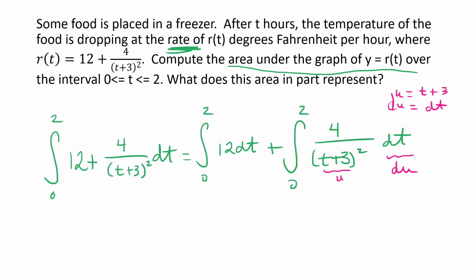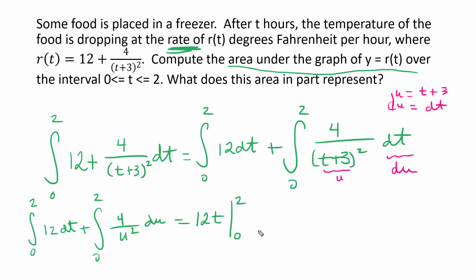So continuing back over here, I'm going to have from 0 to 2, 12 dt plus from 0 to 2, the 4 stays there. The t plus 3 becomes u, and then of course I have squared, and then du. So now I can do all that crazy stuff that we do. The antiderivative of 12 is 12t, from 0 to 2.